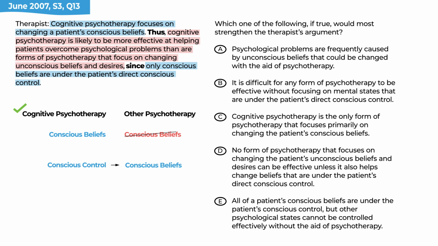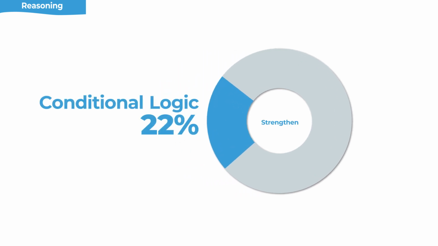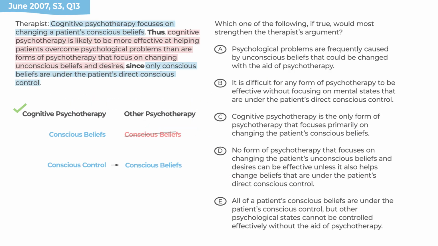And we can say that that's building a relationship between something that is under a patient's direct conscious control and conscious beliefs. So if something is under their conscious control, then it has to be a conscious belief. Now, conditional logic is going to play a less important role on strengthening questions. In fact, it's probably the least important reasoning structure on strengthening questions. 22% of strengthening questions do involve conditional relationships, though.